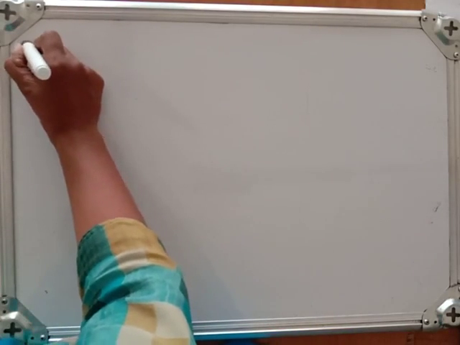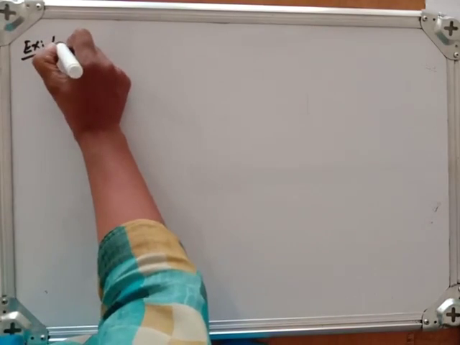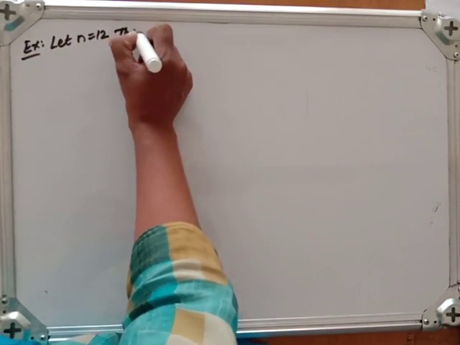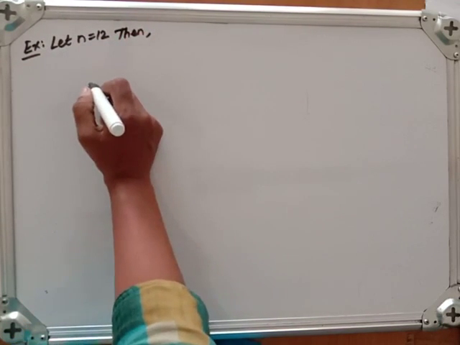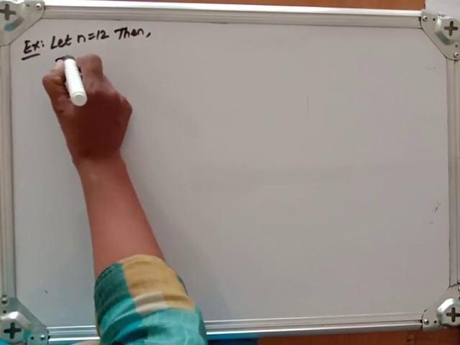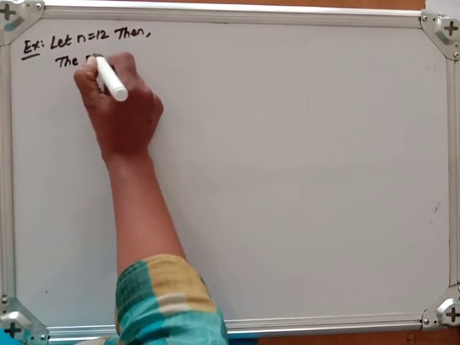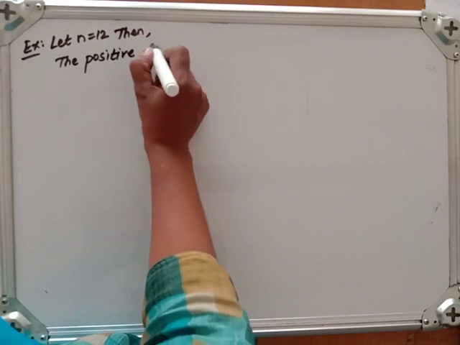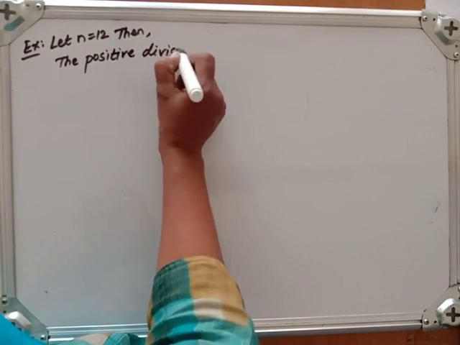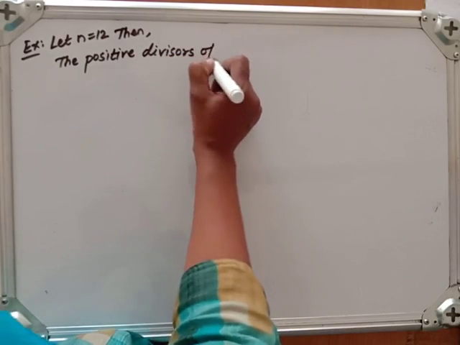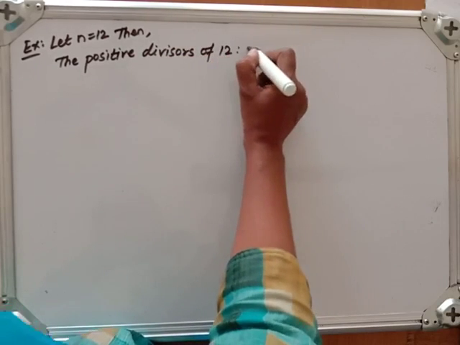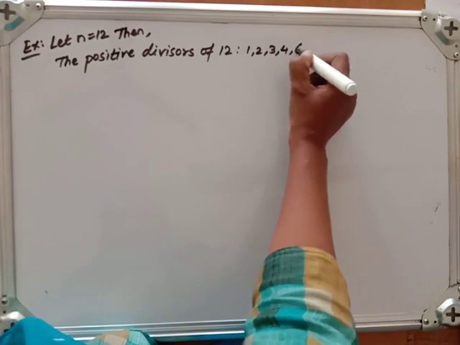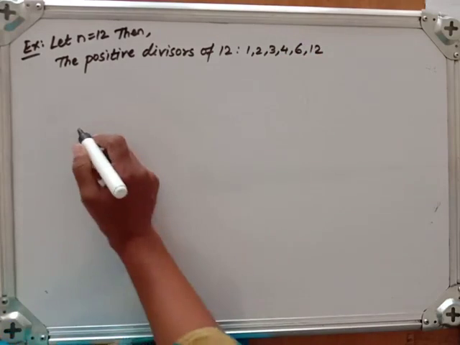Example, let n equal 12. Then the positive divisors of 12 are 1, 2, 3, 4, 6 and 12.